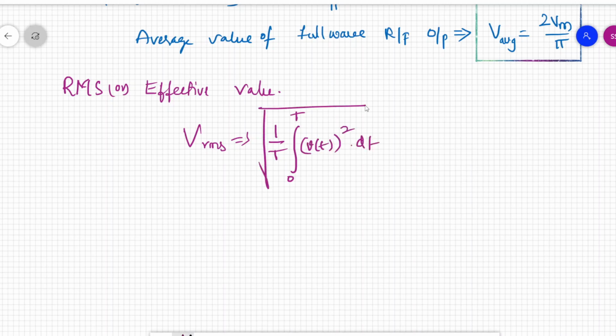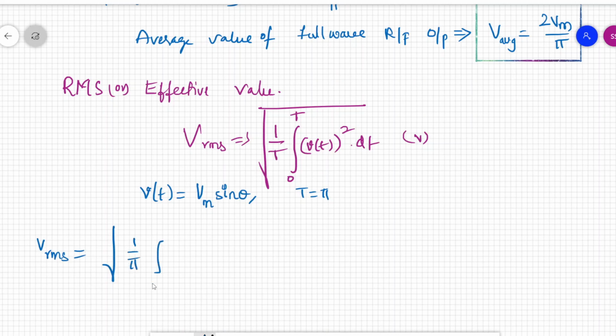This is root mean square value. Okay, so let us substitute V of t is Vm sin theta, where T equal to pi. So Vrms equal to 1 by pi integral 0 to pi Vm sin theta whole square into d theta.